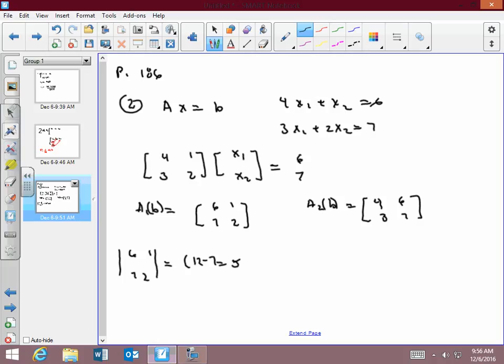And then this one is 28. And then the determinant of A.